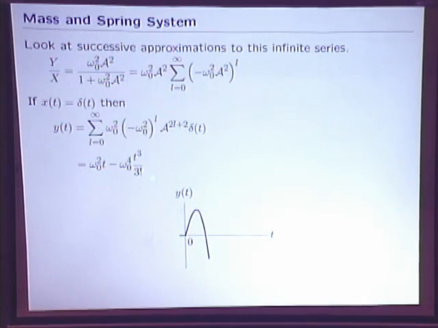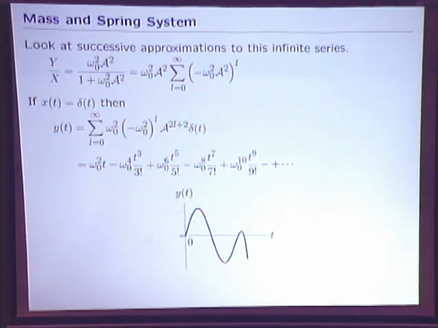The second term is a t cubed, which goes down. Then there's a fifth, and a seventh, and a ninth. And if you keep adding up the terms, amazingly enough, the series representation for the operator expression is the Taylor series expansion of a sine wave, just like we would have expected.